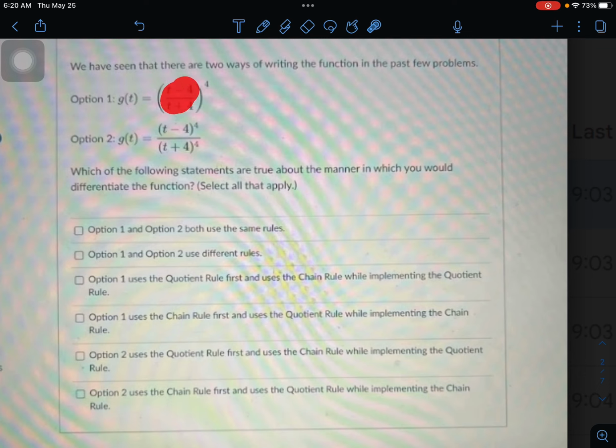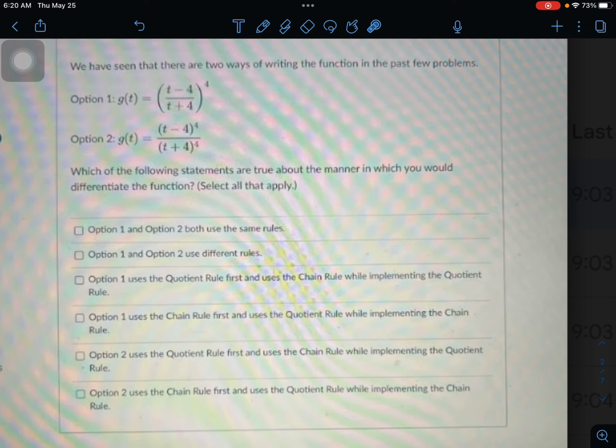Remember, that was a couple problems ago. And to do that one, you do the chain rule first. You do the derivative of the outside function. That's the chain rule. Evaluate the inside function times the derivative of the inside function. And it's at that point that we use the quotient rule.